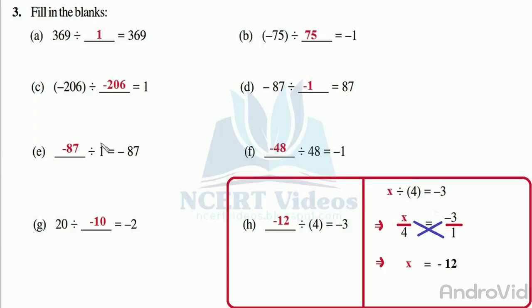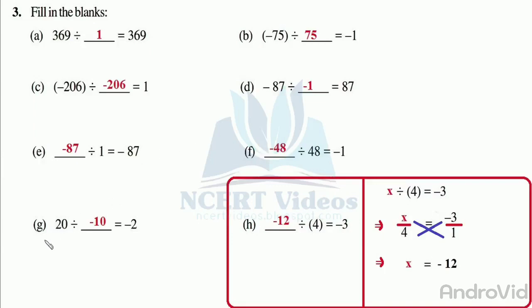Now here we are getting 87, so the number should be 87, but here it is negative and here it is positive, therefore we have to introduce negative here. Now F part, we are getting 1. This hints us that the number should be 48 because it will cancel to give you 1, but it is negative, so we have to introduce negative.